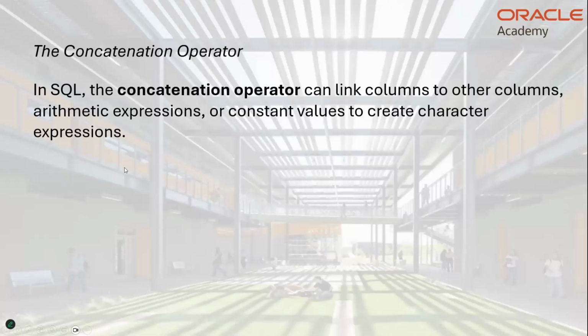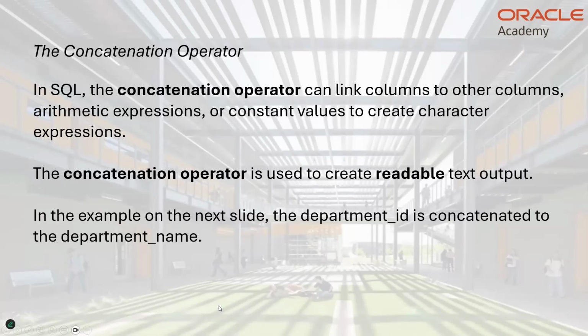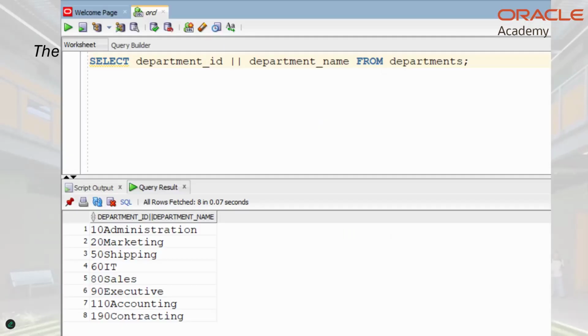And for example, and we're going to go through this, we're all going to do this together. It is often used to create a readable output. That's its whole purpose. So in this example, on the next slide, I'm going to concatenate the department ID with the department name. Those are two different columns in the departments table, right? So if you ran this query, and we're not adding a space, and that's one of the challenges that I'm going to present you with.